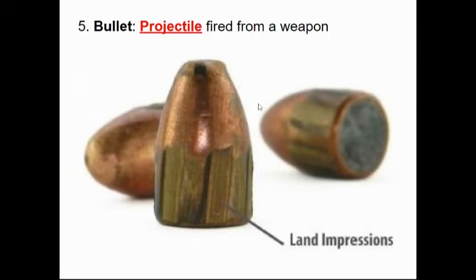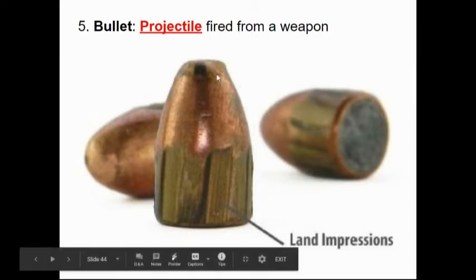The bullet is the projectile. Sometimes they call this a round. Technically, that's not correct. A round is going to be an entire unit of ammunition, which is going to include the bullet, but also the cartridge, the primer, the gunpowder, and the other components.